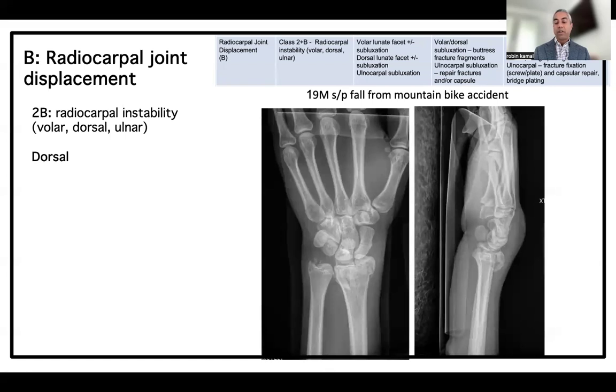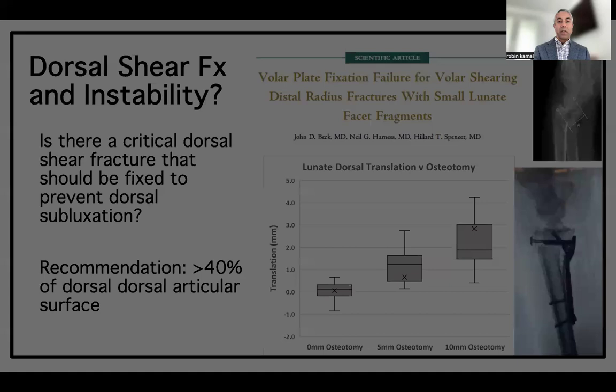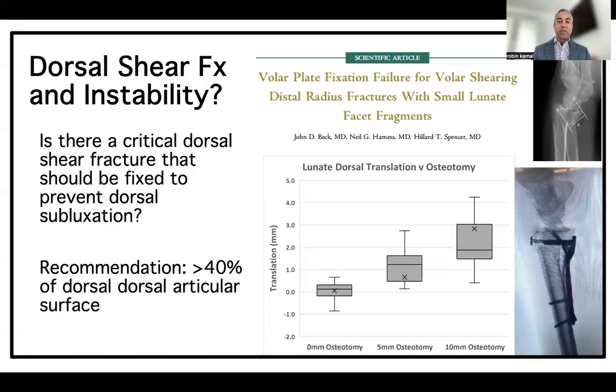And so we call this out because this is something that requires special attention to the dorsal lunate facet, for example. When we look at the dorsal lunate facet, we could ask ourselves, well, is there really a critical size that requires fixation, similar to what we've seen in the volar lunate facet?